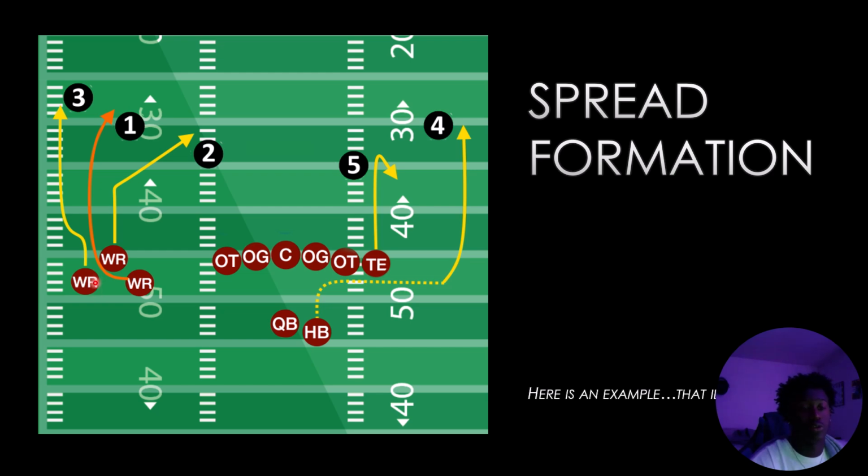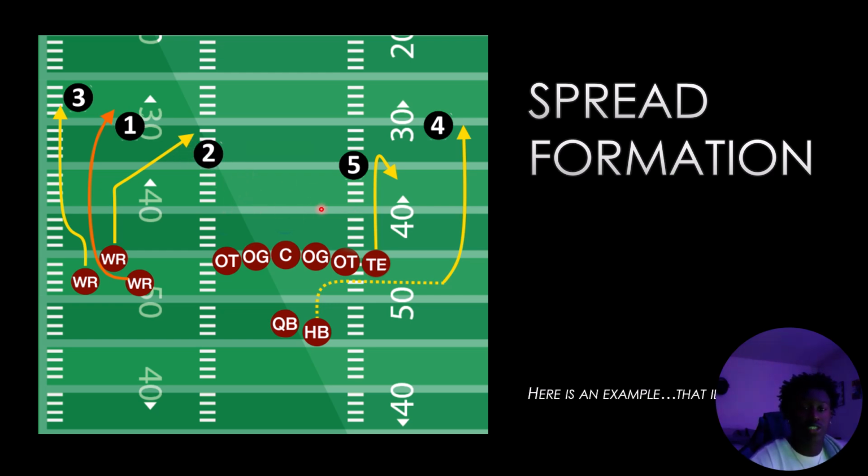Wide receiver, well, this will be X, this will be Z, and this will be H. H has an under wheel, X has a go, and Z has a post, which also they're supposed to hit in these certain areas. So therefore, back in the day, you can only imagine if teams were running the ball a lot, and then you see this and they had no idea what to do.